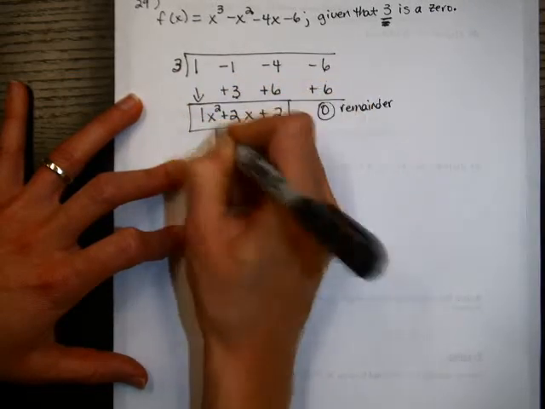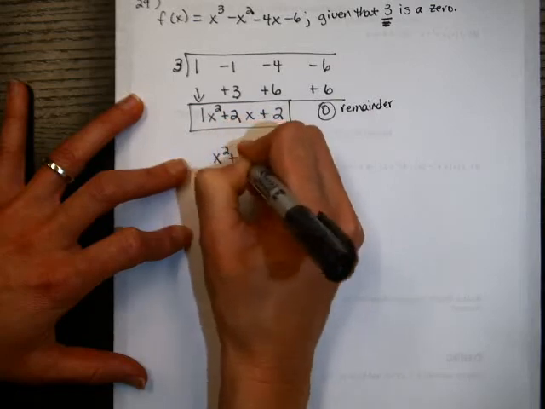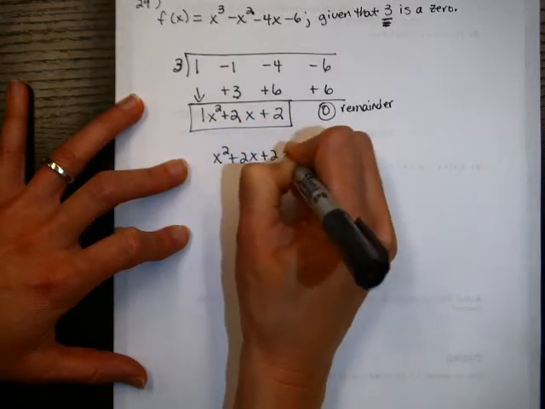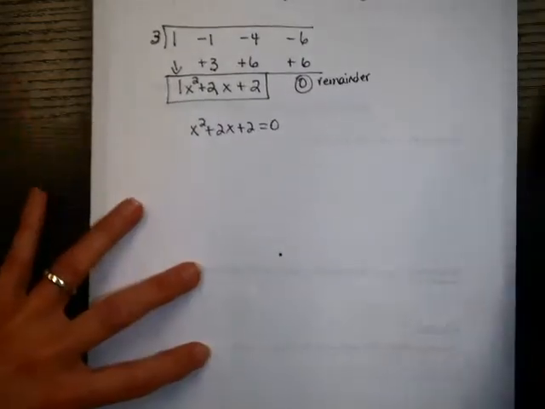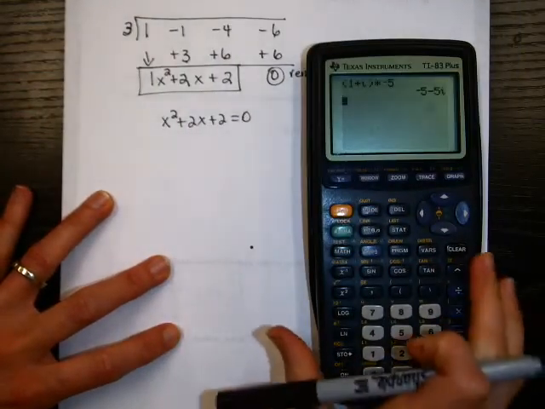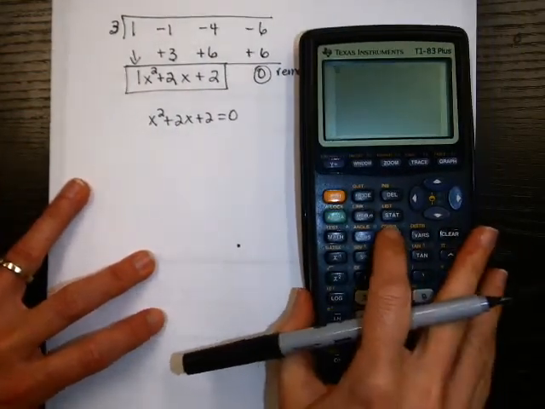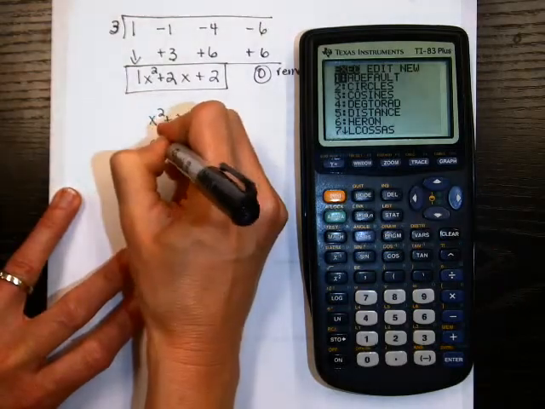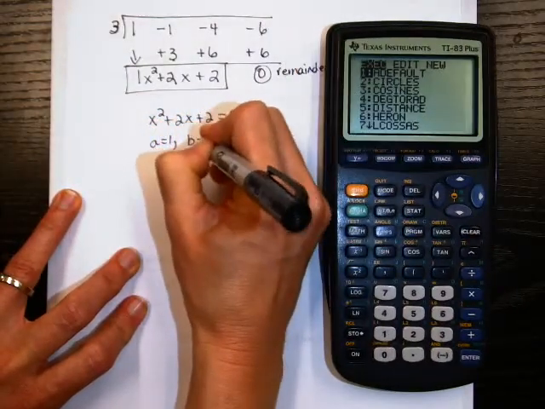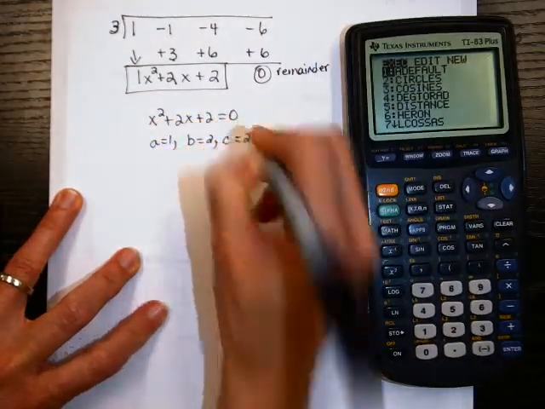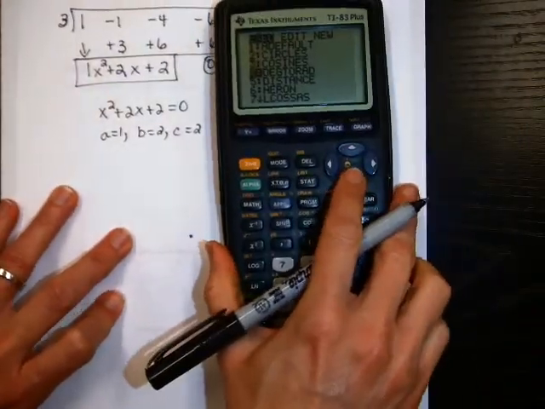And because it's x squared, that makes that quadratic. So again, I'm going to take this, and I'm going to use my quadratic formula. And you can use quad 4. So A would be 1, B would be 2, C would be 2, and so let's go to quad 4.